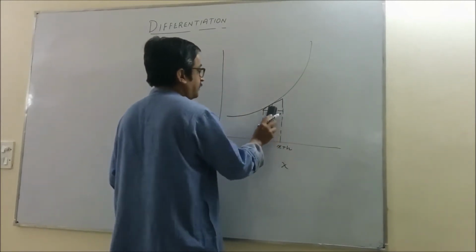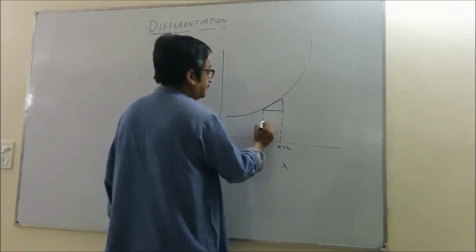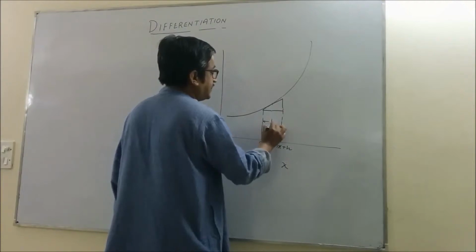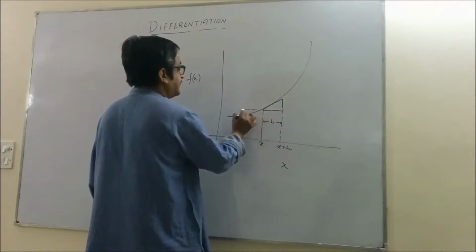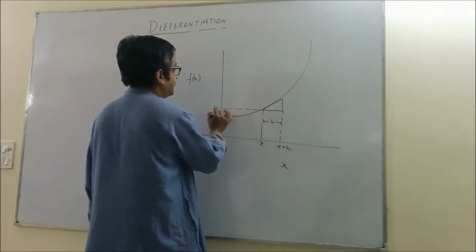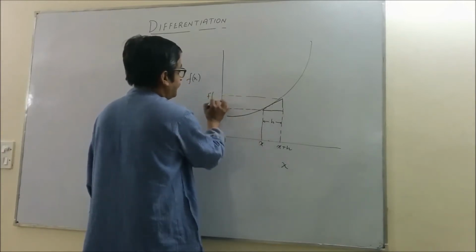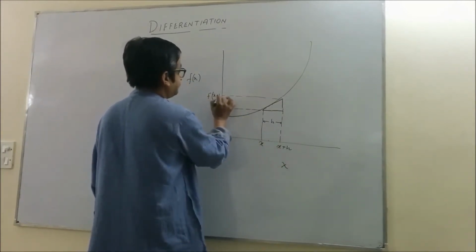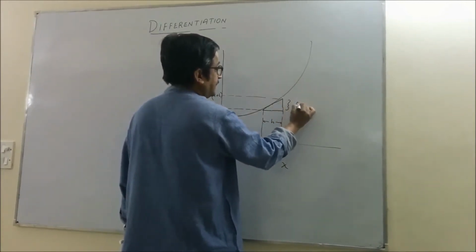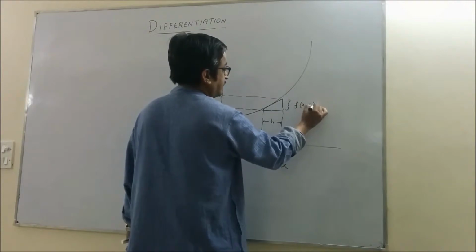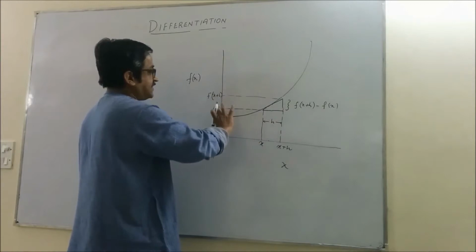For the time being, I'll rub off this. So this width is my h. And what is this? This point is my f at x. And this point is at f at x plus h. So this length is f at x plus h minus f at x.